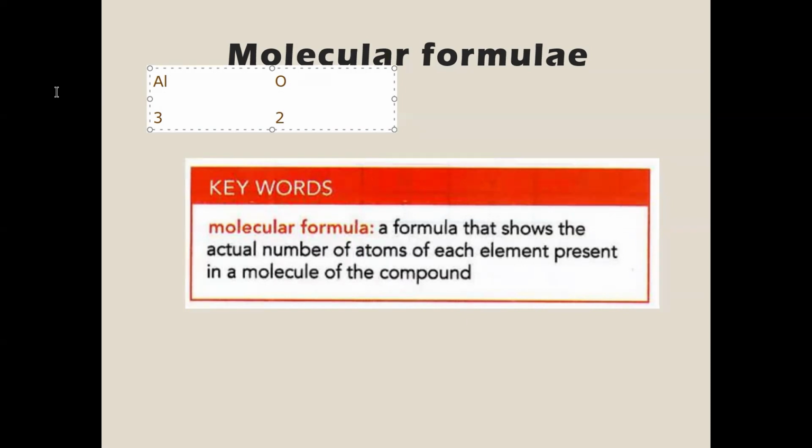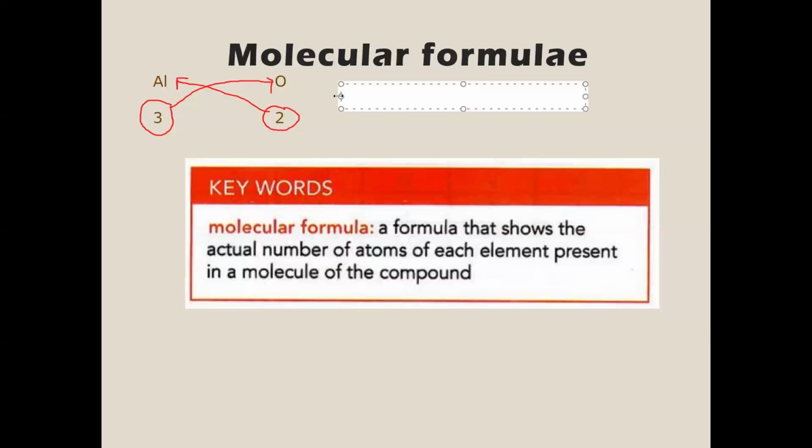What we will do is give each valency to the other. So the valency of aluminium will be given to oxygen, and the valency of oxygen will be given to the aluminium. And the formula will be Al2O3.